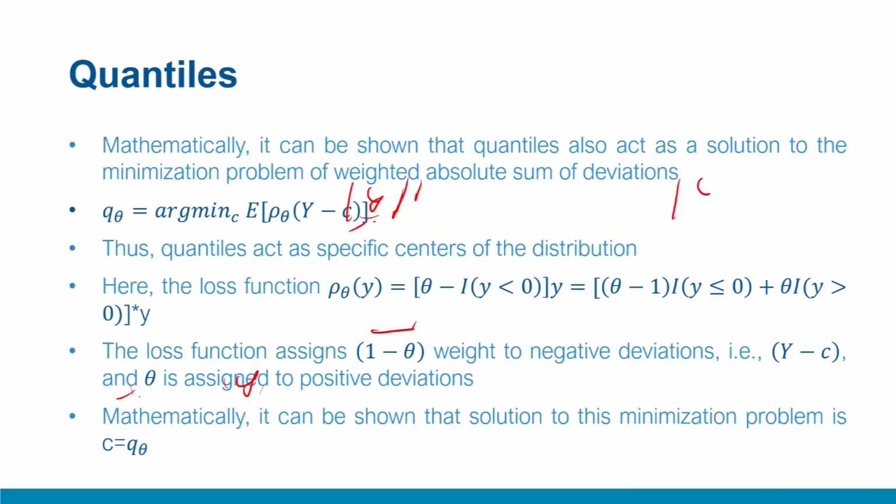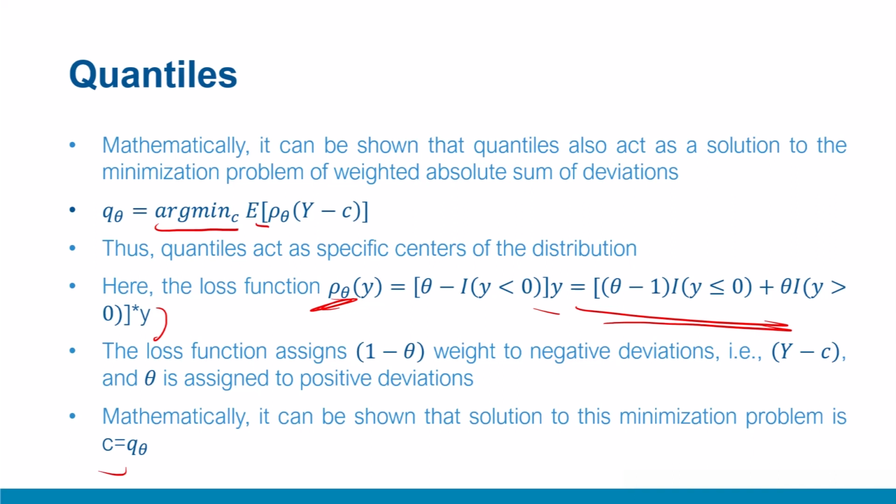So effectively you can say we are multiplying the magnitude of y with 1 minus theta wherever y's are less than 0, and if they are greater than 0, we are weighing it with theta. And typically this problem can be expressed with this formula, where this is your loss function or check function applied on y. And the solution to the minimization problem would be the quantile.